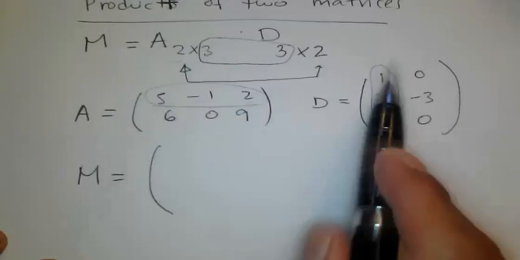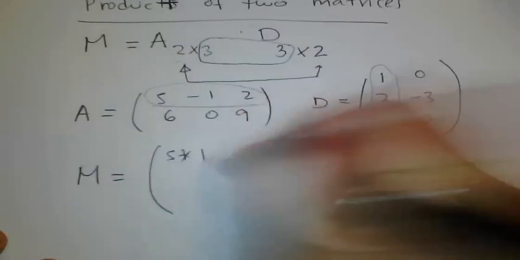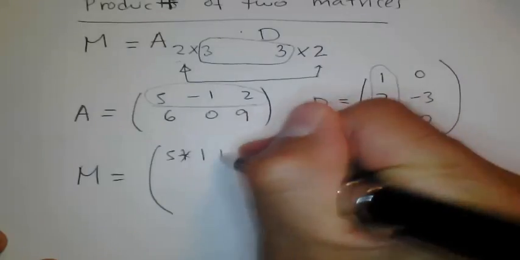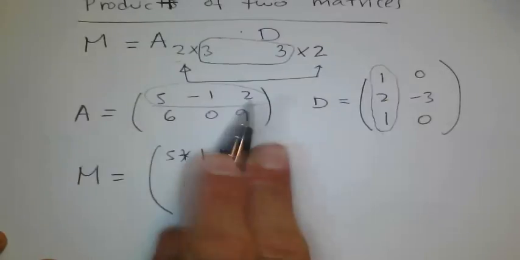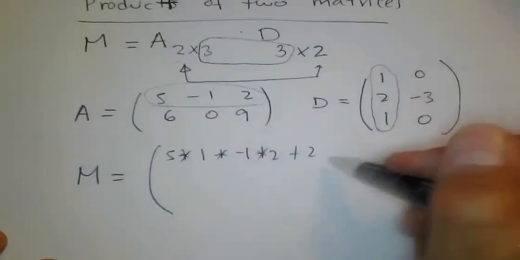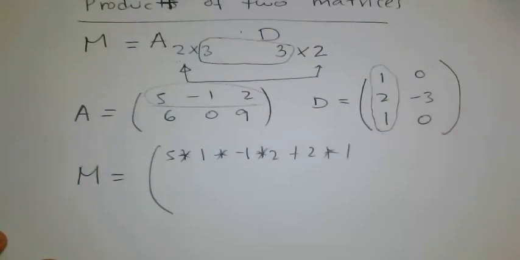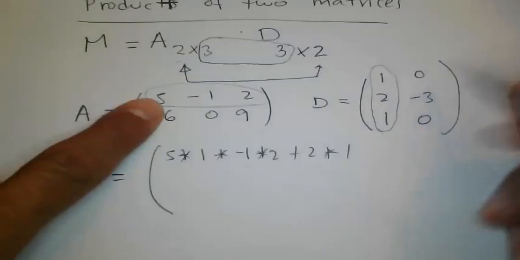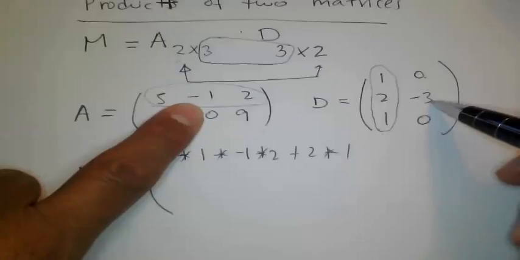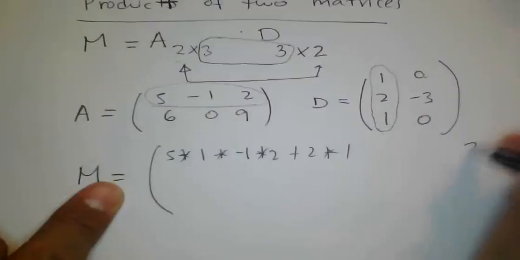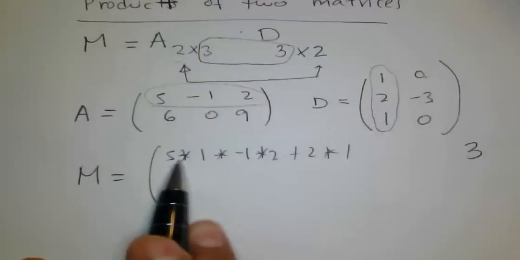So this is 5 times 1, plus negative 1 times 2, and then plus 2 times 1. And then for the next element, which is the 1 2, that means row 1 with the second column, I'll make this a little faster: this is 0, negative 1 times negative 3 is a 3, and a 0, so the answer for this is 3.